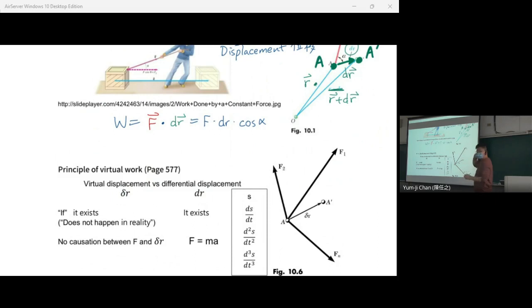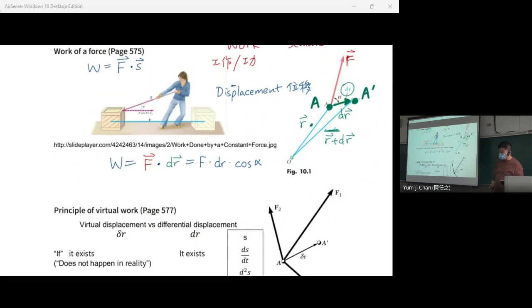Is that okay? If the direction of force and displacement are not in the same direction, then we have this cosine alpha. Take your time to write it down.